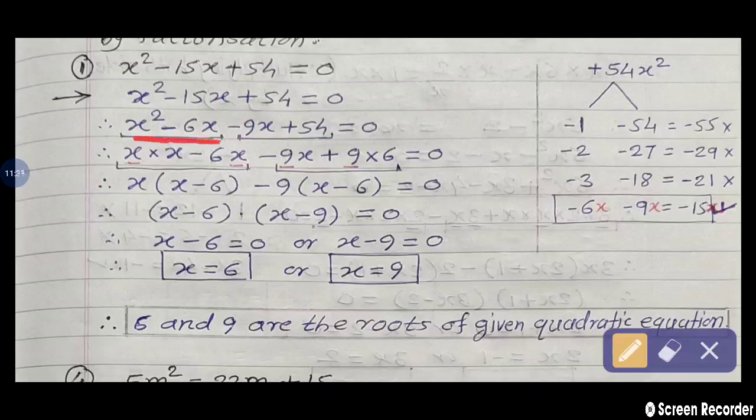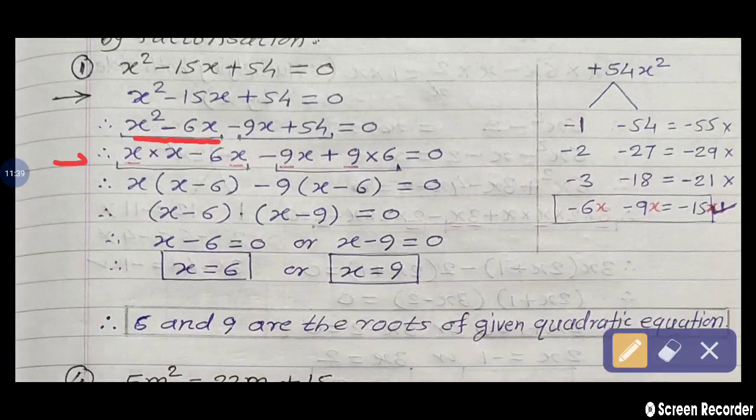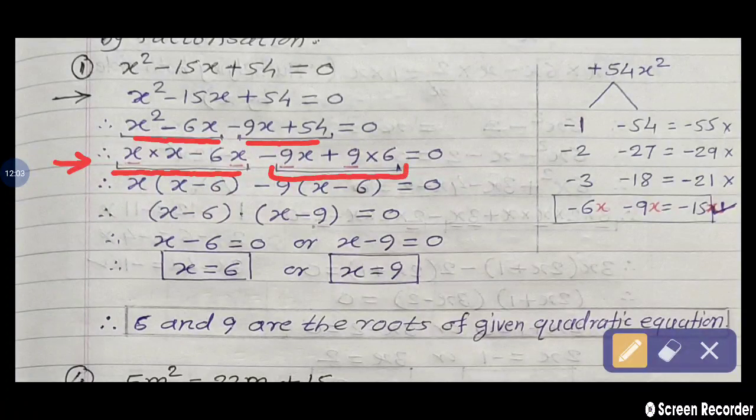We split it as x multiplied by x in the next step. This is also one simple step here. x square means x multiplied by x minus 6x, keep it as it is, minus the second pair or group of 2 terms, minus 9x, and 54 is split into 9 6s are 54. Clear all of you? Next.